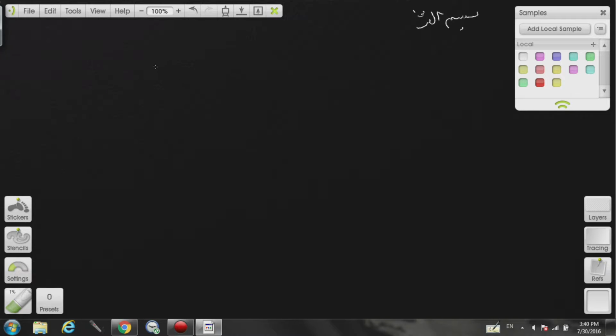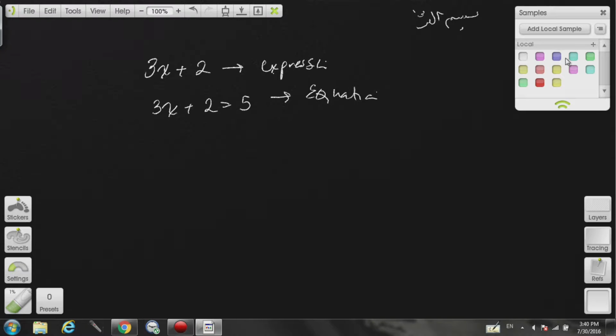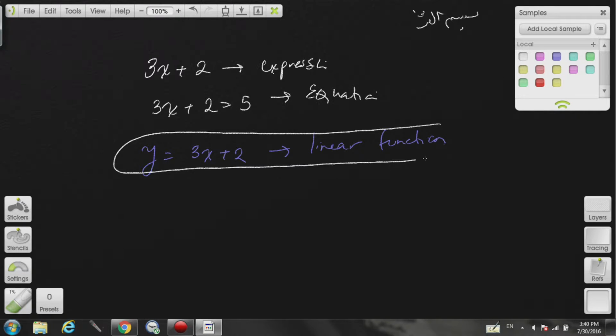Now, this is an algebraic expression, as you know. This is an equation. Correct? And finally, this is a function. This is a linear function specifically. It's important to understand what exactly this represents at a more theoretical level.